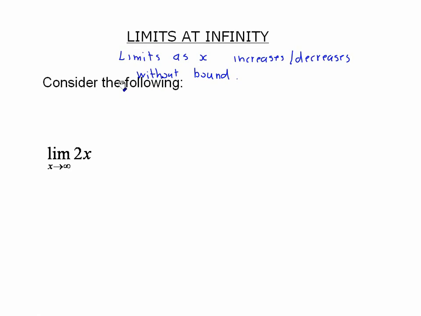The limit of 2x as x, as it's written, approaches infinity, but this means x gets bigger and bigger and bigger. So for example, x is 1, x is 2, 3, x is 100.